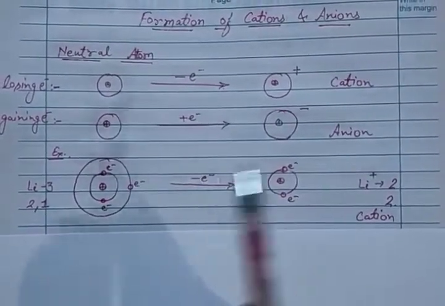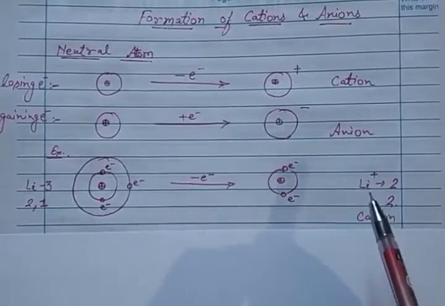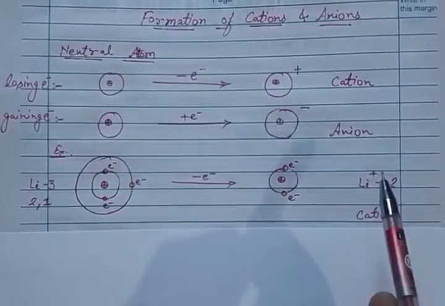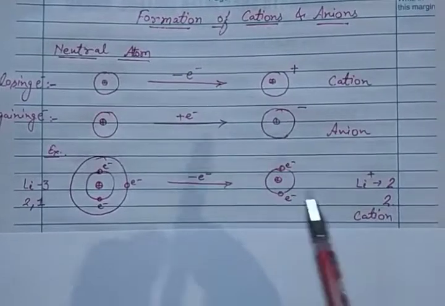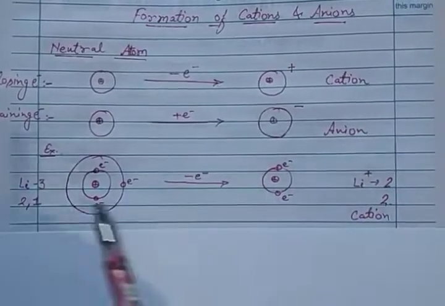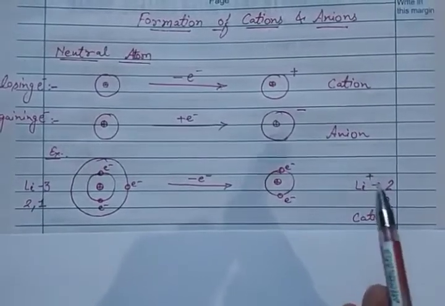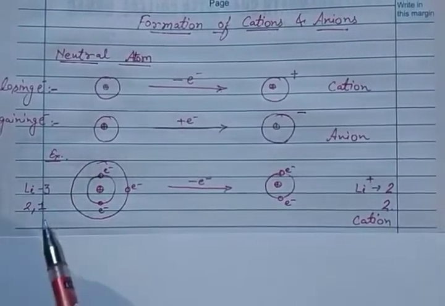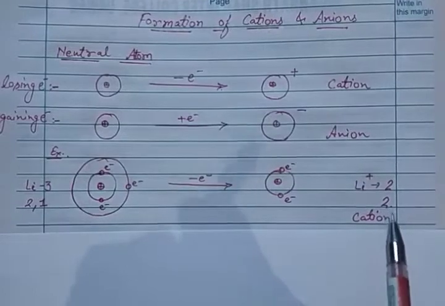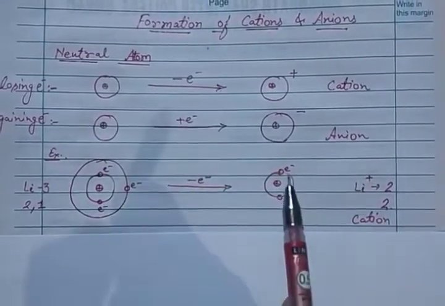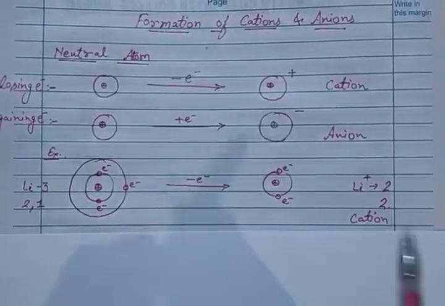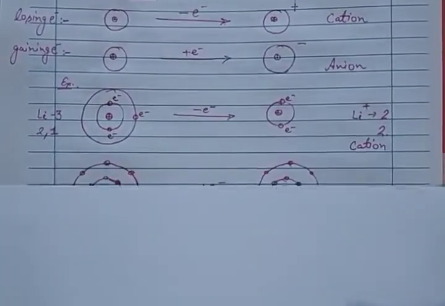That electron has gone to another atom and lithium has become positively charged. Now it has only 2 electrons. This is called the lithium ion, and it is a positively charged cation.